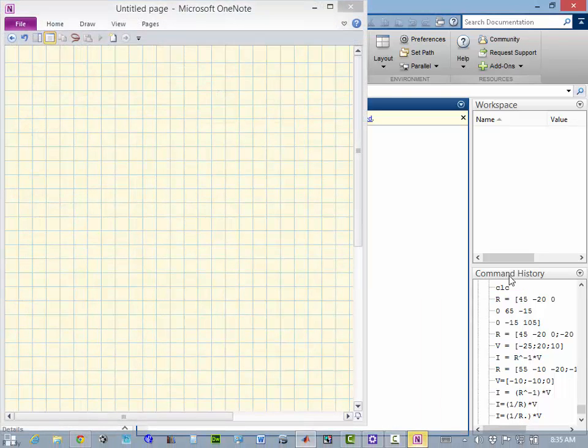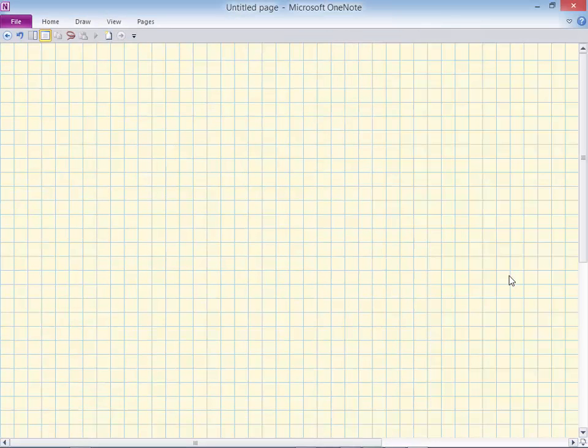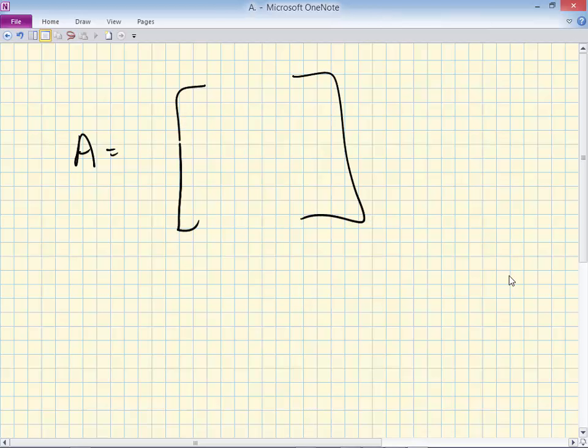Okay, when I look at a matrix, say for example A, I'm just going to show it as a 2 by 2 matrix and make up some numbers: 1, 2, 3, 4. So that is just A.